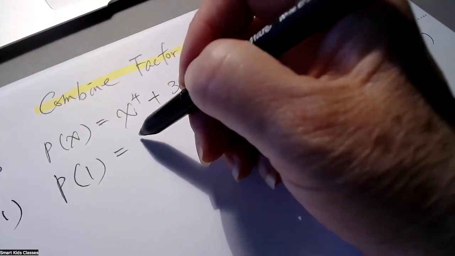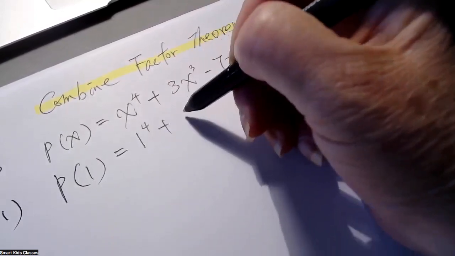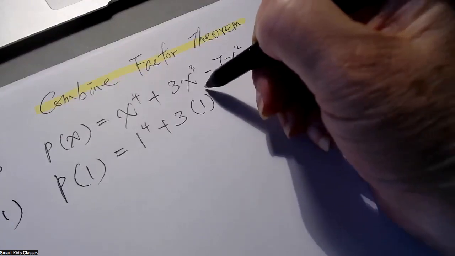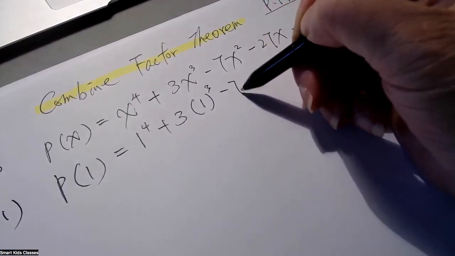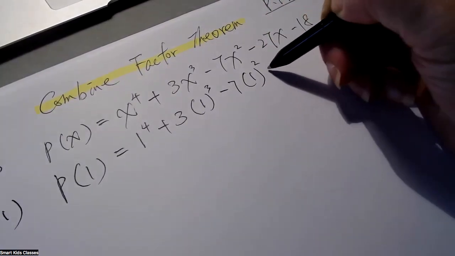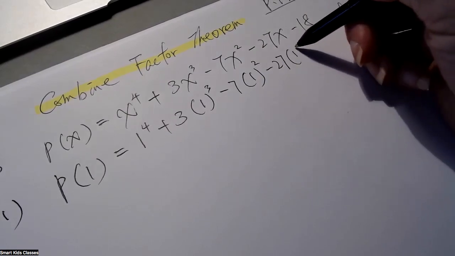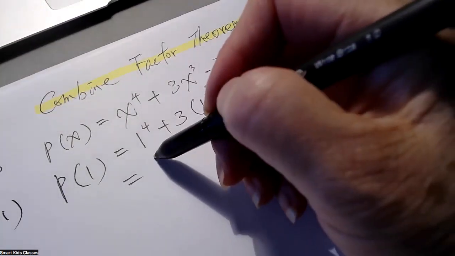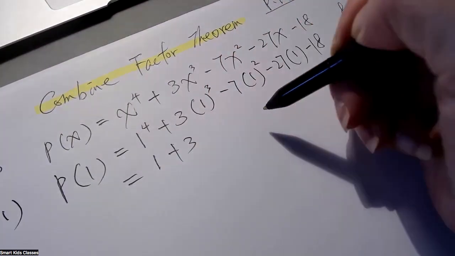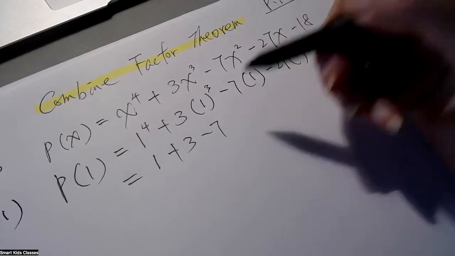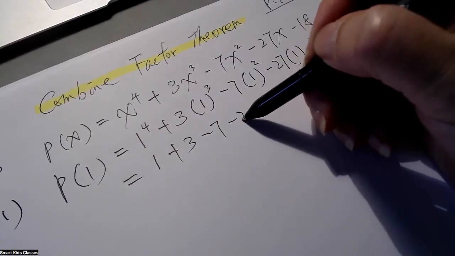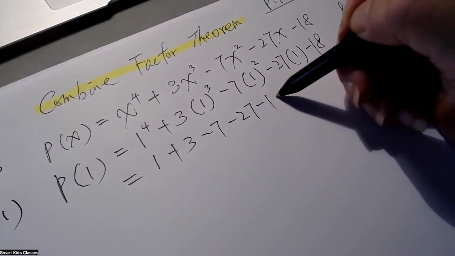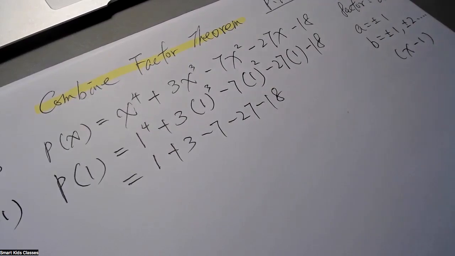We have 1 exponent 4 plus 3 times 1 exponent 3 minus 7 times 1 exponent 2 minus 27 times 1 minus 18. So we have 1 plus 3 and minus 7 and minus 27 and minus 18. Does this work? Definitely not. x minus 1 doesn't work.